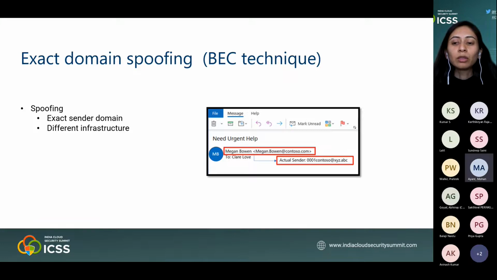And if the domain does not configure these settings, then they can be spoofed by the attacker. And then it makes the email look legitimate, but it will instead come from the attacker's email server. So, for example, in this particular example here, when we inspect the mail, the domain that the victim sees is contoso.com, but the actual sender is different.